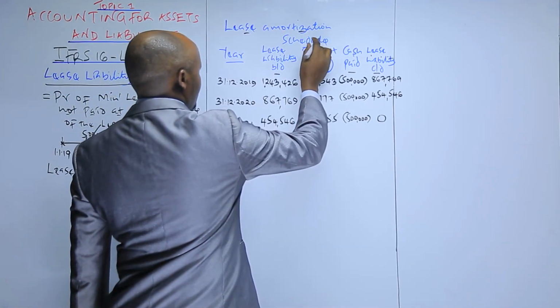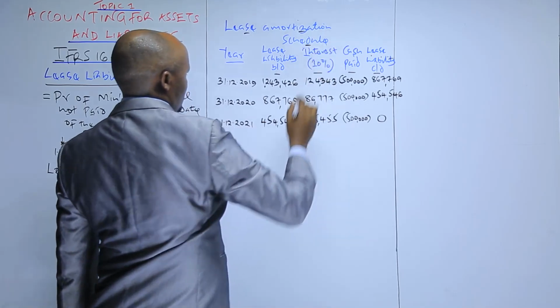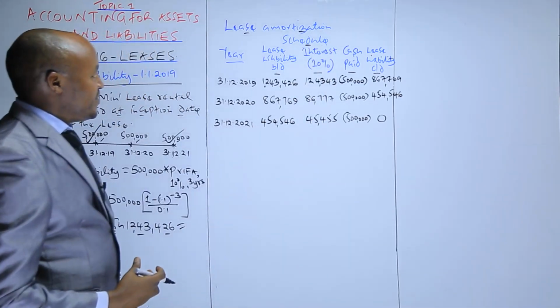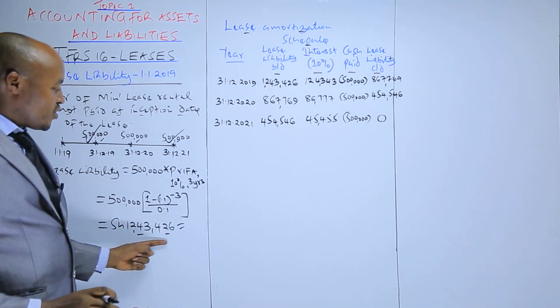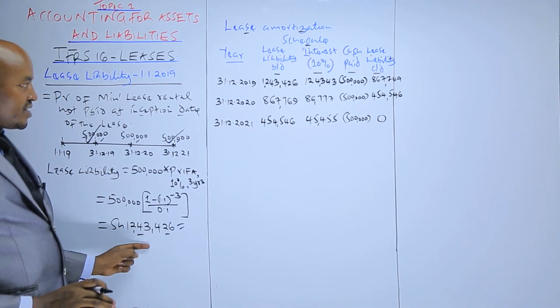The lease amortization schedule, of which the purpose of preparing that lease amortization schedule is for us to be able to amortize this particular lease liability.